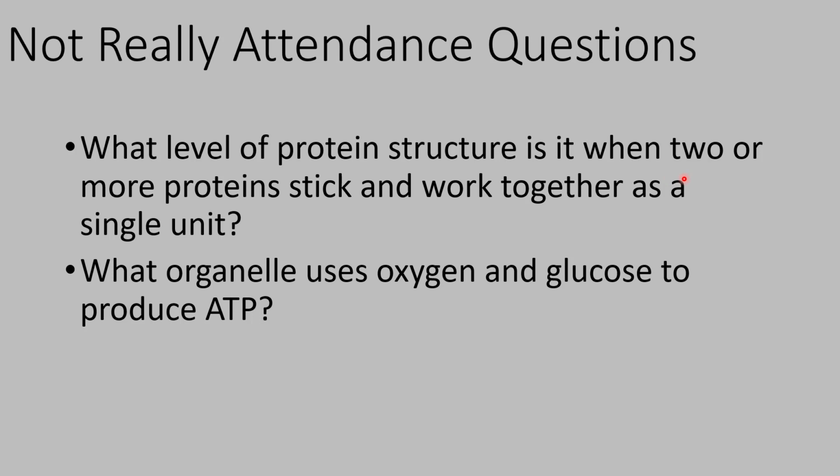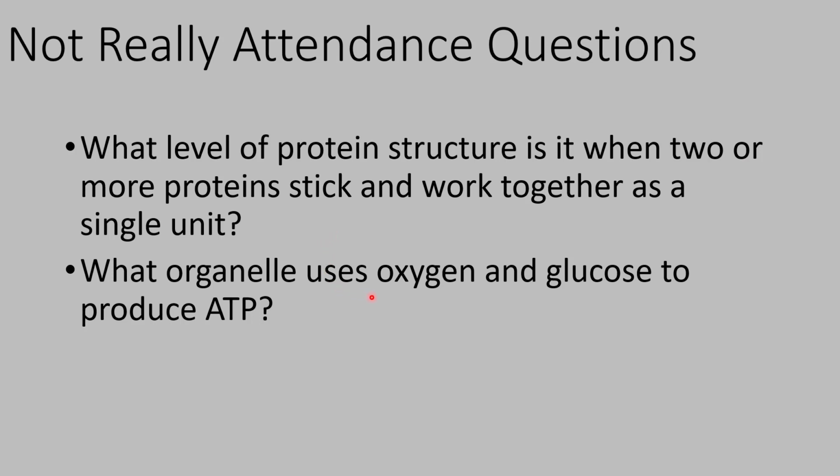But some proteins actually need to stick to other proteins in order to do their intended job. And when that happens, when we have 2 or more proteins stuck together acting as a single unit, we say that is a protein with quaternary structure.